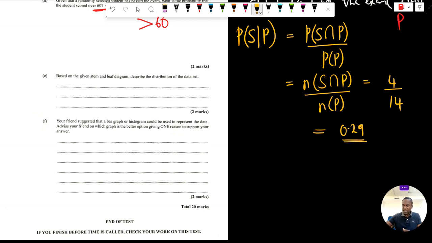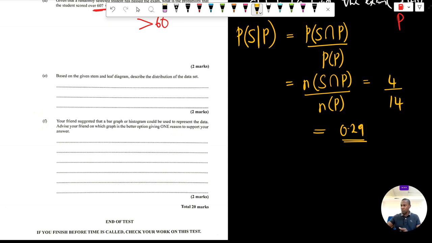So what this means is that there is a 29% chance that a student has scored over 60, given that the student has passed the exam. In other words, approximately 29% of the students who passed the exam have scored over 60. That is another way of representing that information.